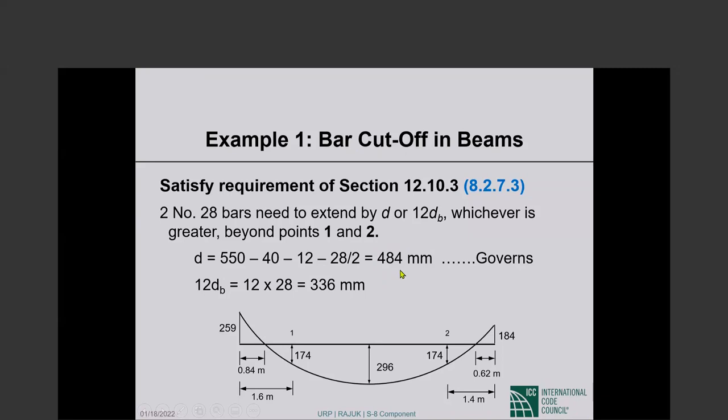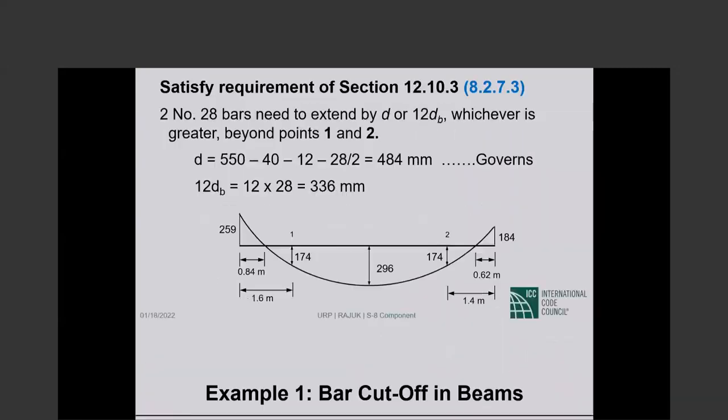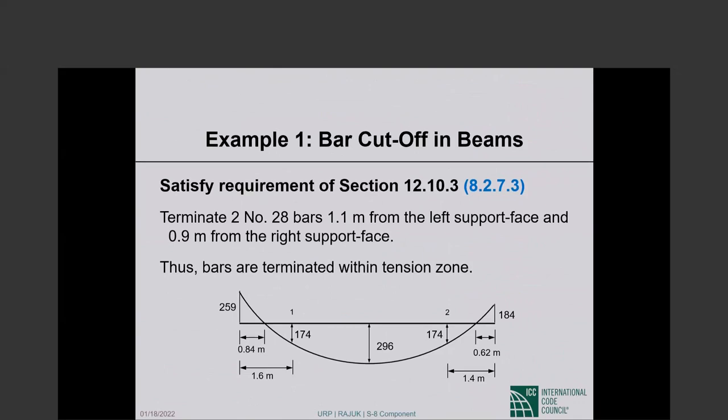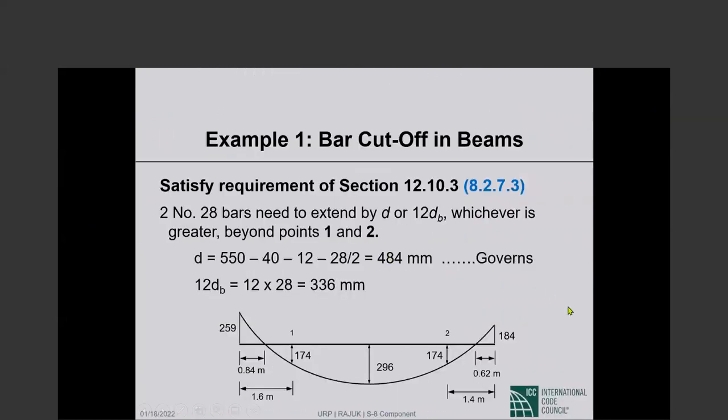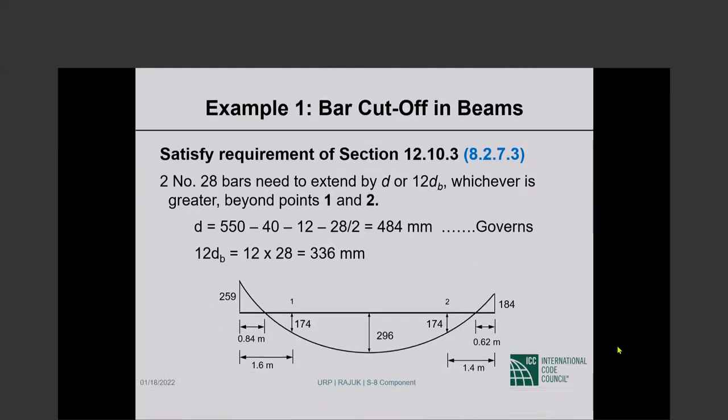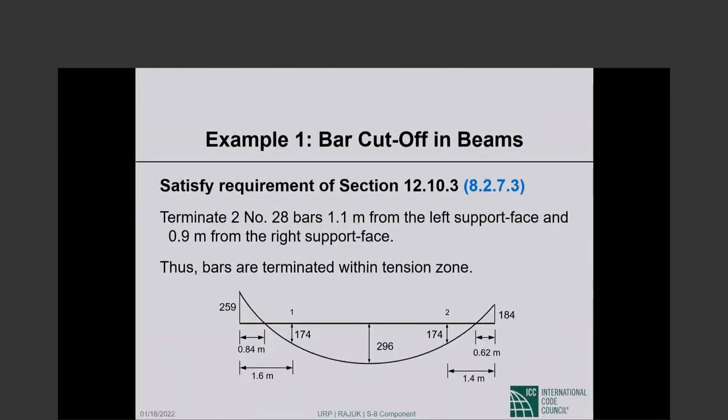So terminate 2 number 28 bars at, so what was the number? 484 millimeters is the required extension beyond where the bars can be theoretically cut off.